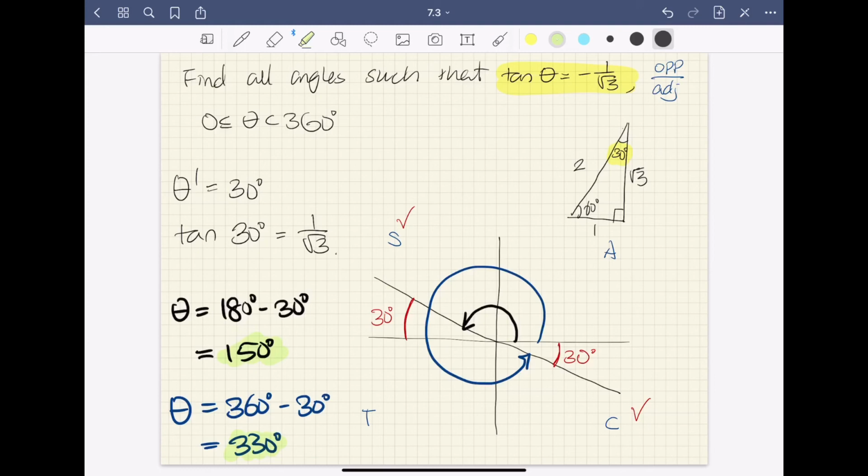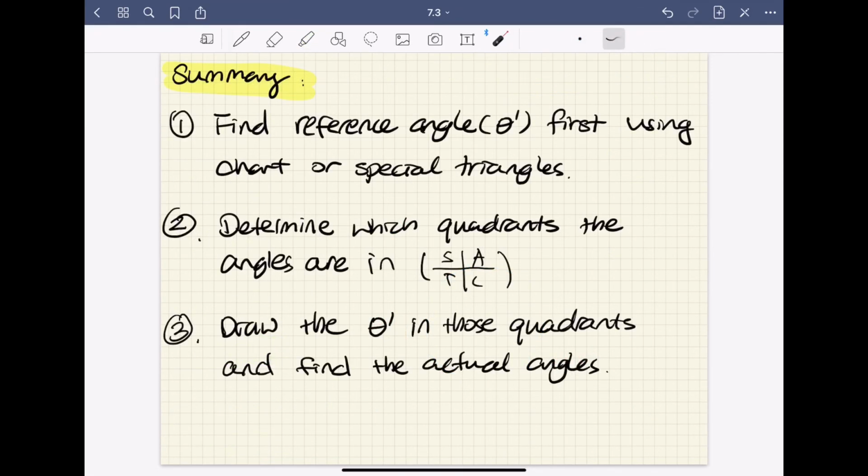Okay. So to do questions like these, always find the reference angle first, and use your standard position to find the other angles. Here is a summary of finding angles given trig ratios. First step, we'll need to find the reference angle using the chart or the special triangles.